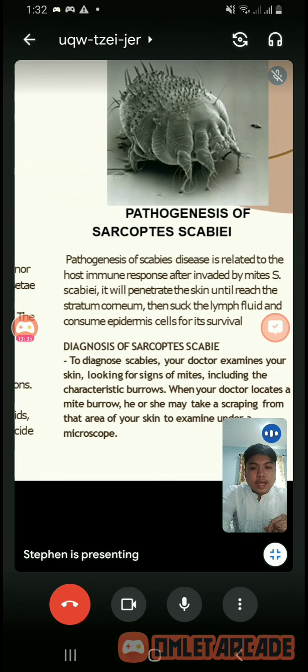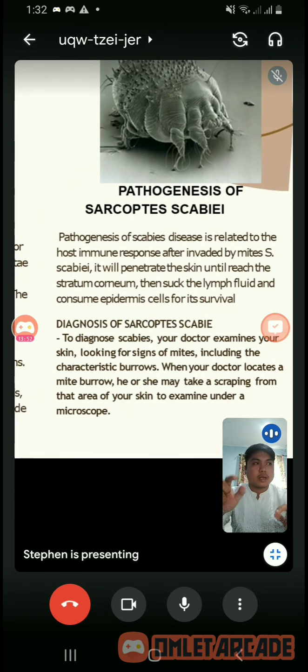So, the diagnosis of Sarcoptes scabiei, or scabies in short. To diagnose scabies, your doctor examines your skin, looking for signs of mites, including the characteristic burrows, and then when your doctor locates a mite burrow, he or she may take a scraping from the area of your skin to examine under a microscope.